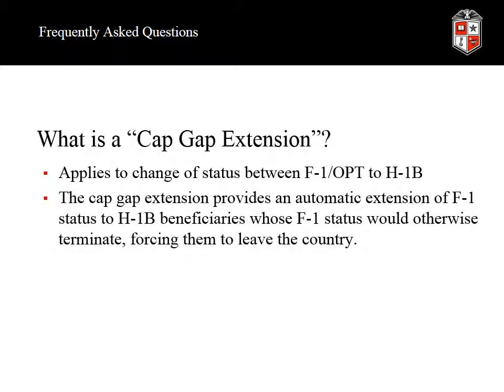The cap-gap extension provides an automatic extension of F1 status to H-1B beneficiaries whose F1 status would otherwise terminate, forcing them to leave the country. So while you're waiting for your H-1B and you are F1 on OPT, this is a means for you to continue staying in the U.S. and even being employed during that gap.